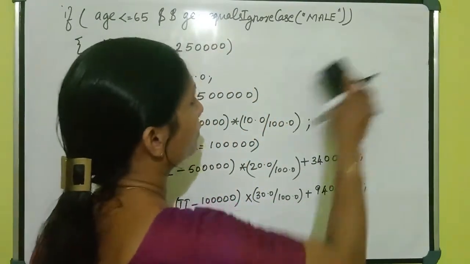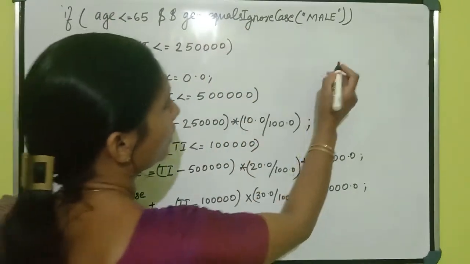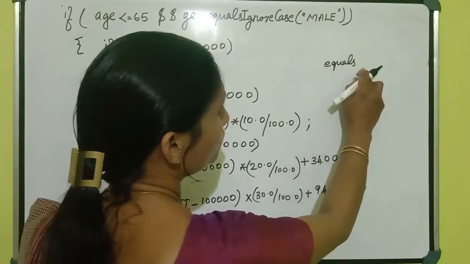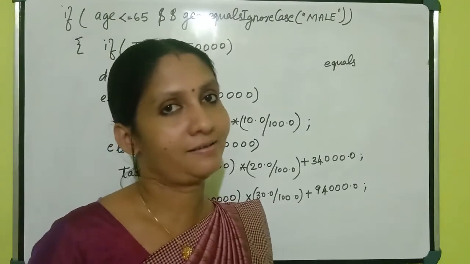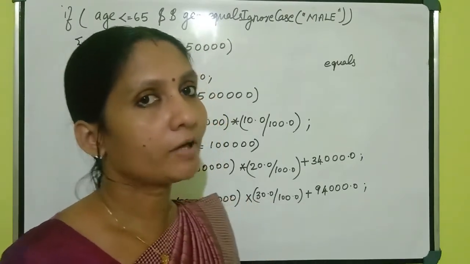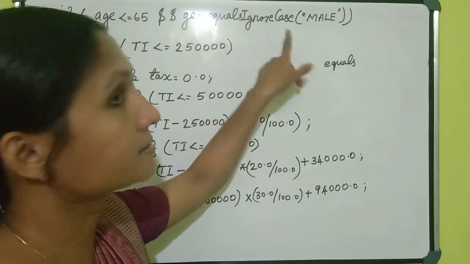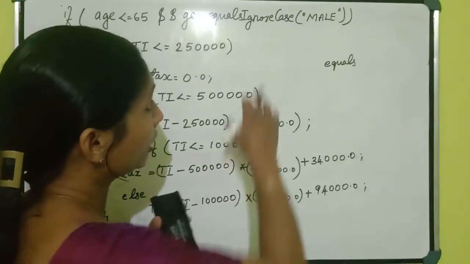But if it is a string, you need to use the function equalsIgnoreCase, or there is one more function, equals. If you are using the equalsIgnoreCase function, it will not consider the case of the letters. Because of that we have to use this function, equalsIgnoreCase.